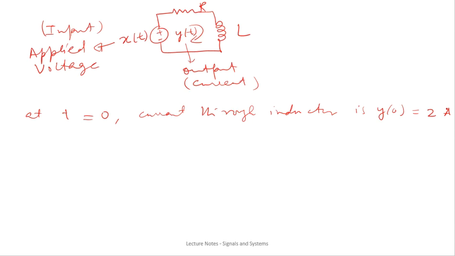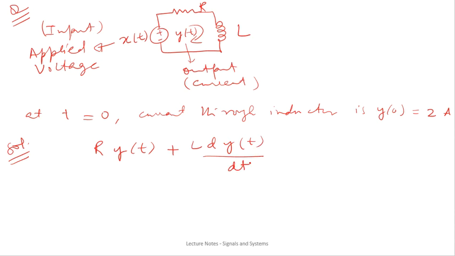So the question is that you have to evaluate the natural response of this system. So you can just start the solution by summing the voltages around the loop. So this will get you the differential equation as this. Okay, so this is the differential equation which you will get just by applying the KVL around the loop.